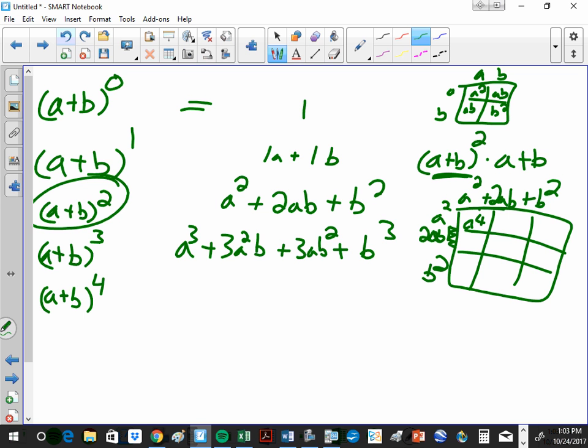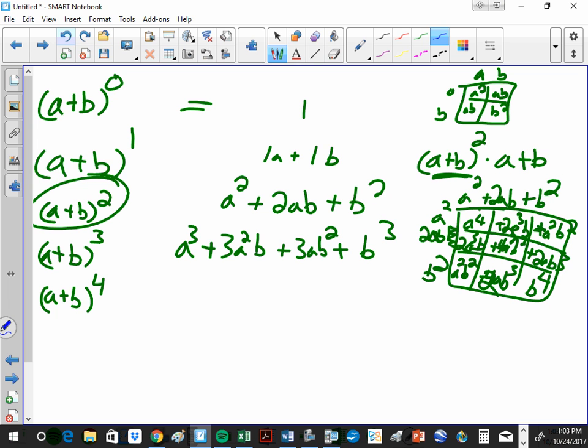A to the fourth plus 2a to the third b plus a squared b squared, and then 2a to the third b plus 4a squared b squared plus 2ab to the third. This one would be a squared b squared, and then plus 2ab to the third, and then b to the fourth.